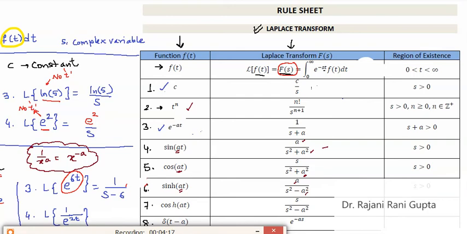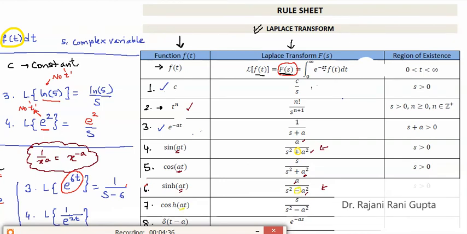For the trigonometric and hyperbolic functions, the rules are almost the same and look similar, but the difference is that in sine, in the denominator you have s square plus a square, whereas for sine hyperbolic it is minus.